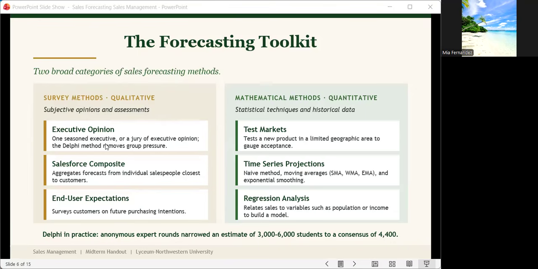First is one seasoned executive who will be deciding or forecasting, and the second one is a jury of executive opinion. What does that mean? There's a group of executives who would forecast and discuss.